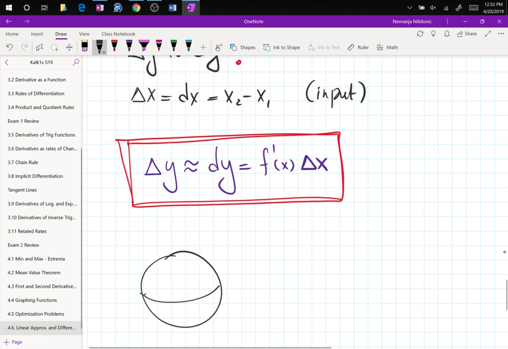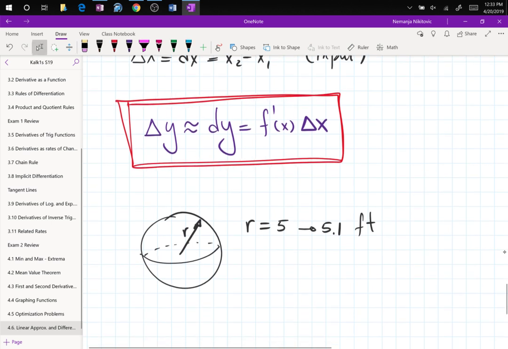So we have a sphere, and we have its radius r. Radius r starts off as 5 and goes to 5.1 in feet. Approximate the change in volume.